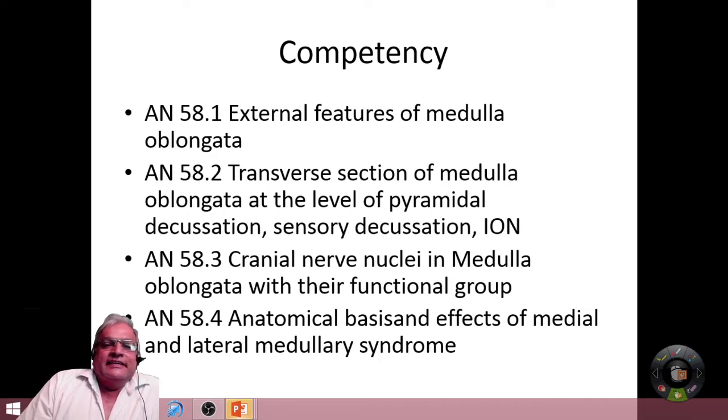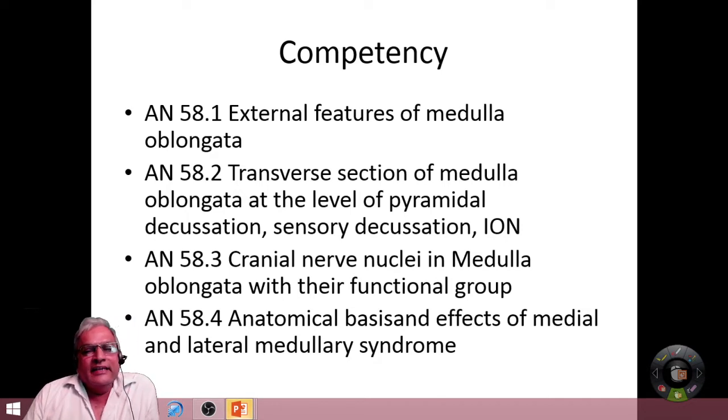Now competency number one is external features of the medulla. Then transverse section of the medulla at the level of the pyramidal decussation, the sensory decussation, and the inferior olivary nucleus. Then competency 3 is the cranial nerve nuclei in the medulla oblongata with their functional groups.